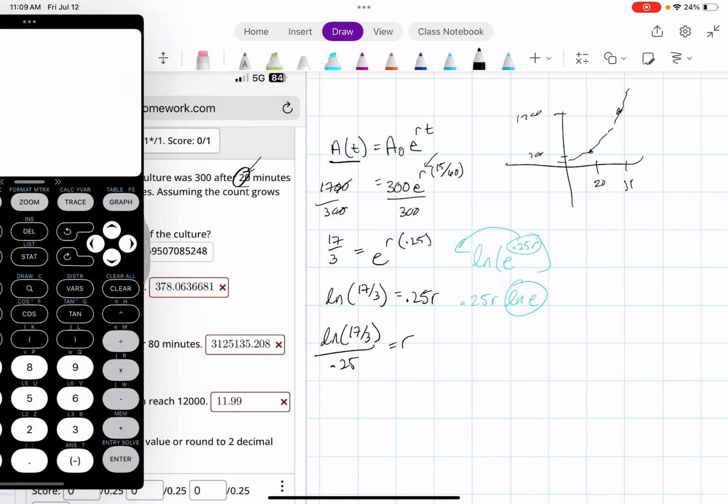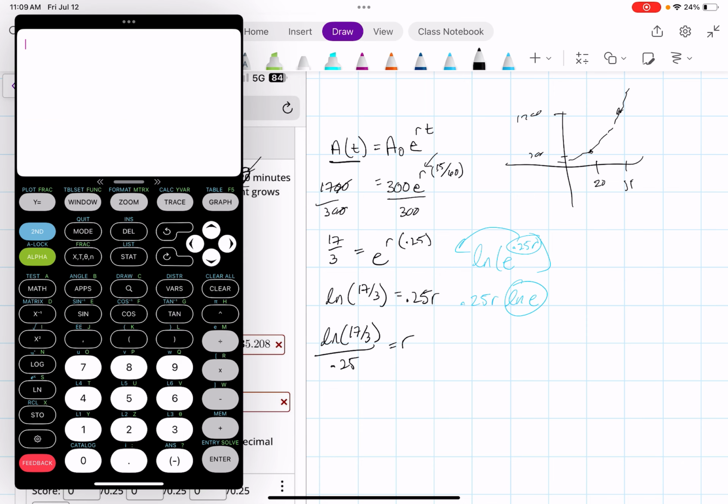Get my calculator out. Natural log 17/3 divided by 0.25. So my rate r is 6.938.